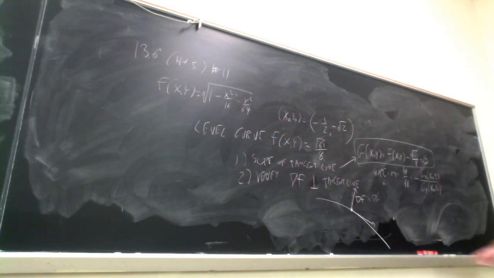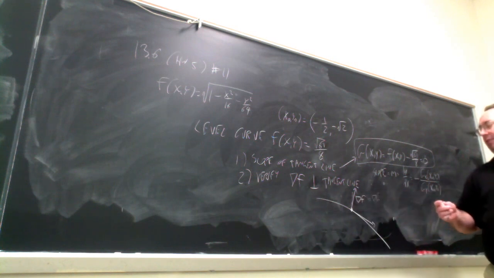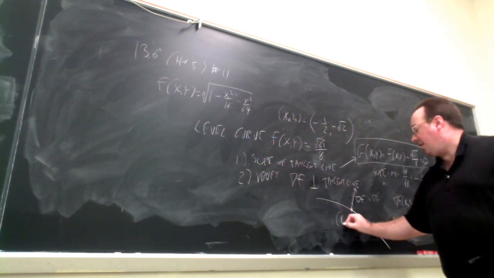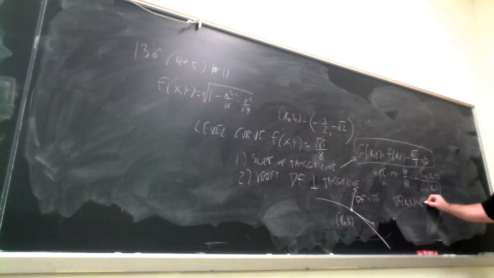Now the gradient vector is no problem to get. The gradient of f at this point of tangency, x naught, y naught, is just the partial derivatives at that point.